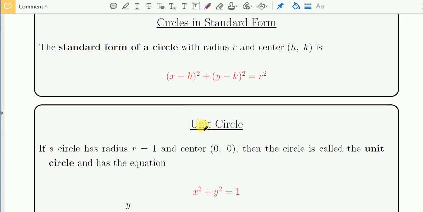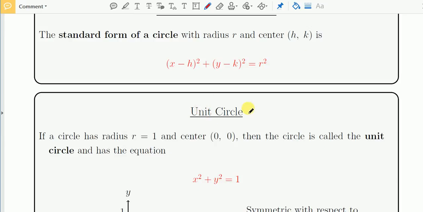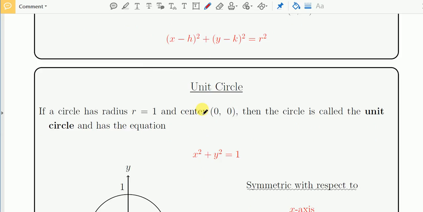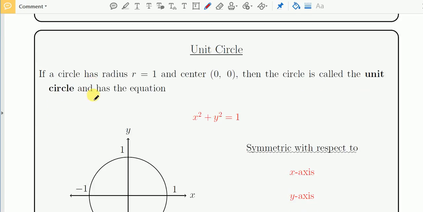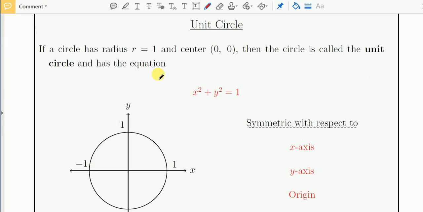The next one is the unit circle. The unit represents the number 1. So if a circle has the radius of 1 and the center at (0, 0), then the circle is called a unit circle. Make sure that the radius is just 1 and the center is at the origin.